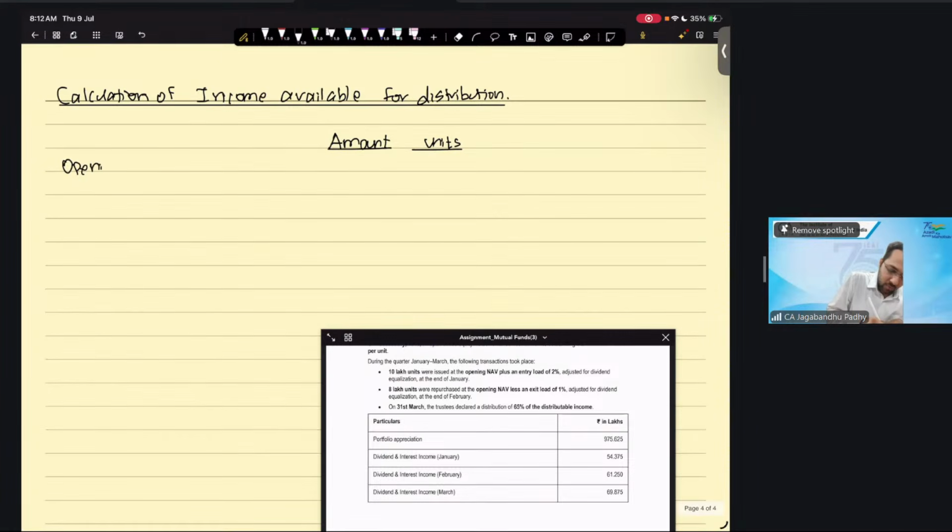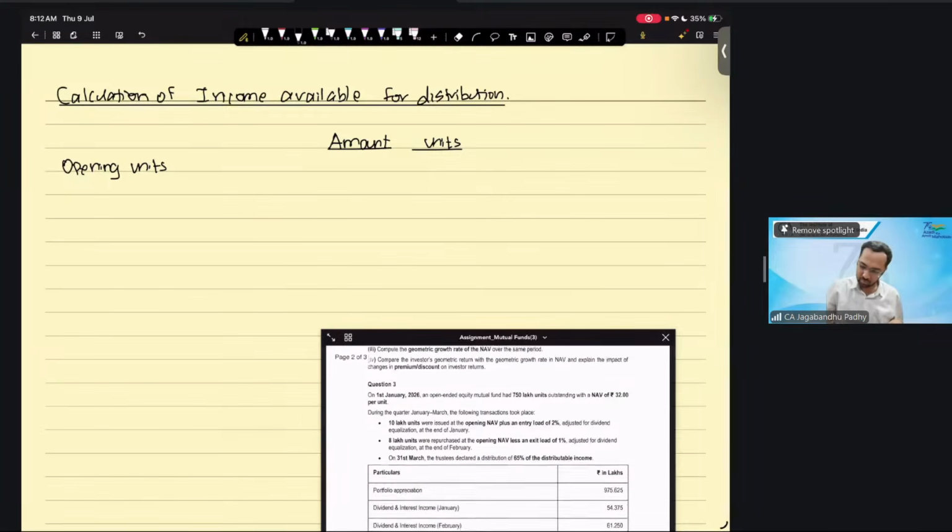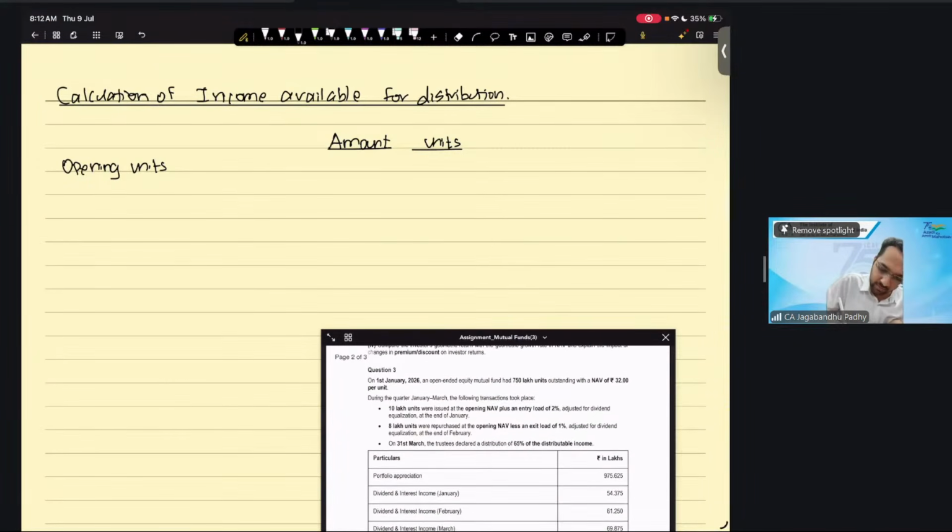So we have opening units as 750. And then of course per unit we will see. Now, opening units is 750, and then we'll say income of January. Income of January, amount is 54.375.